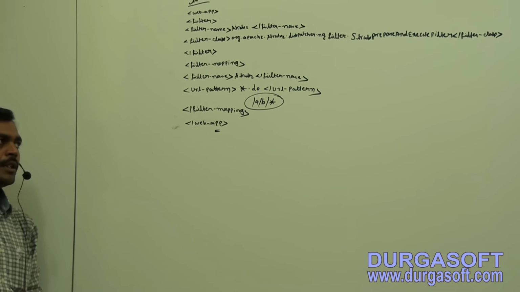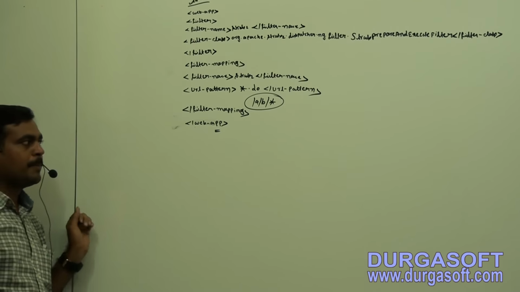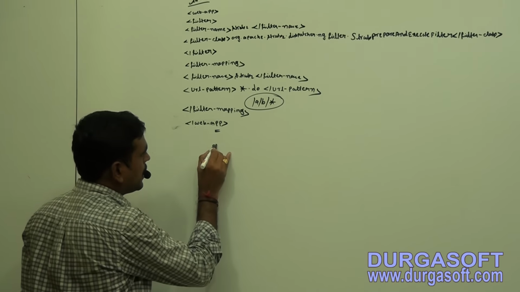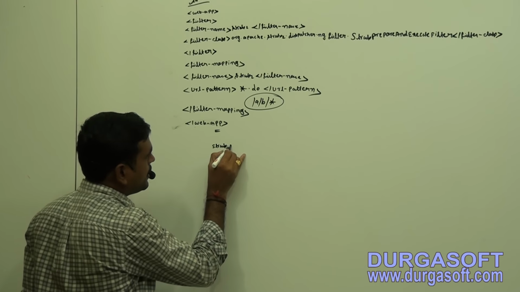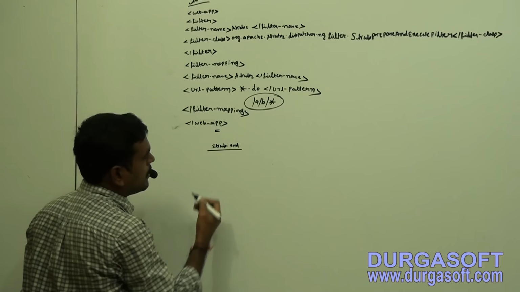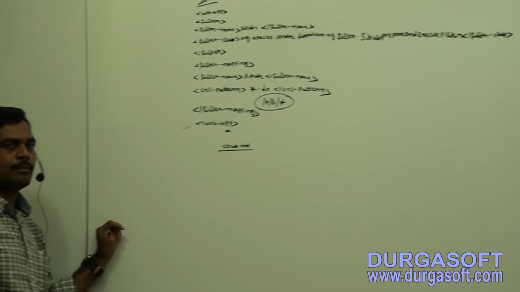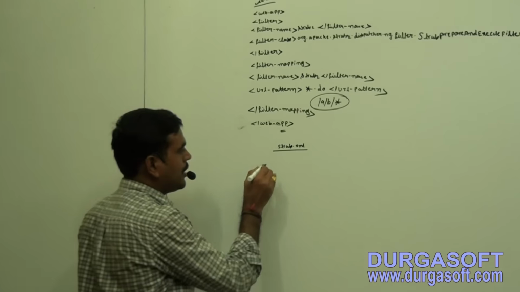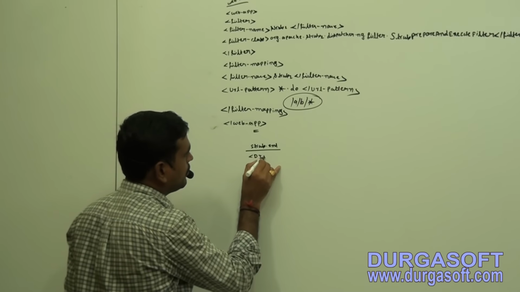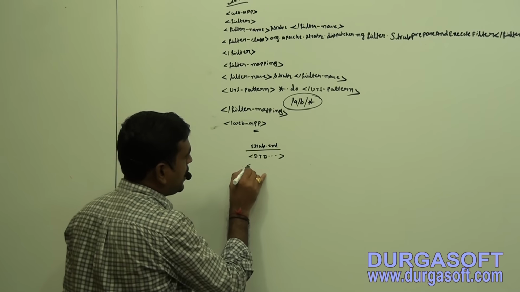After that, struts.xml is there. In struts.xml we can configure like this. Struts.xml we place inside the classes folder only. First we have to take the DTD, then the root element called struts.